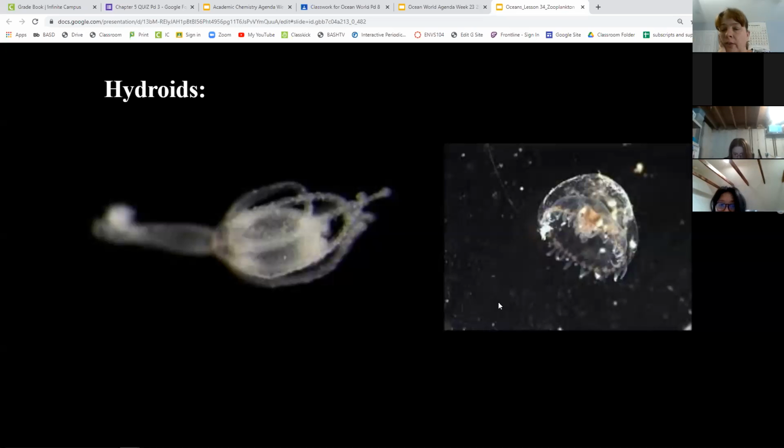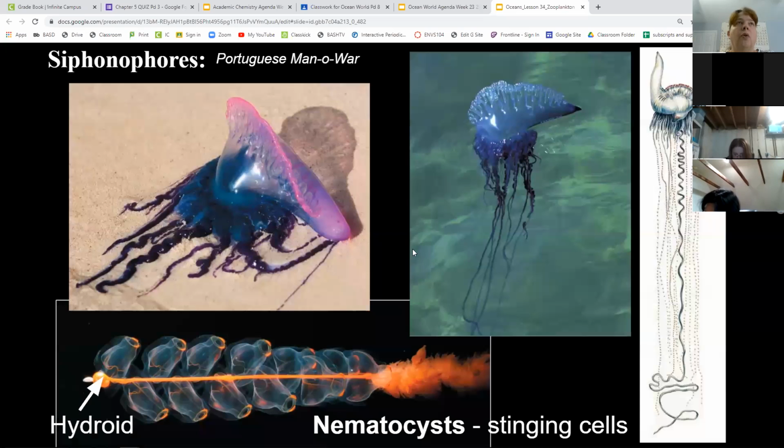These hydroids can live singly, but they can also form large colonies. And one of the most famous colonies of these hydroids, of these zooplankton that are very, very tiny, is called the Portuguese man of war. The official term for this is a siphonophore.